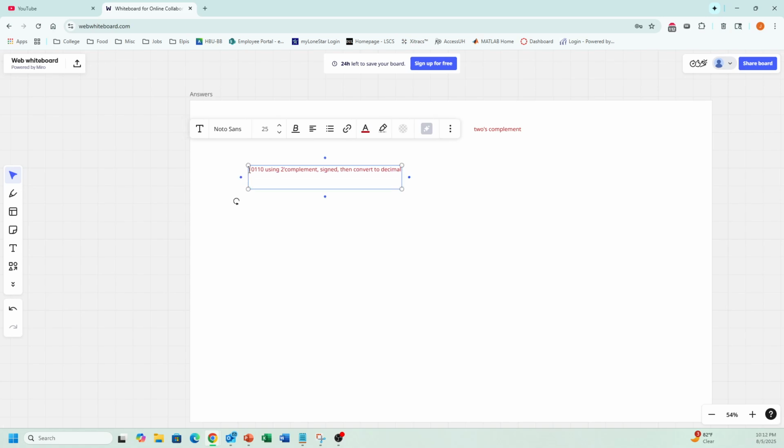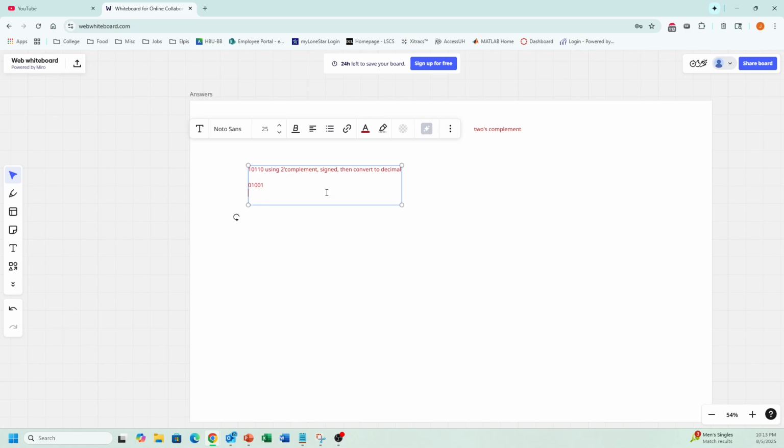So first thing, we have to check if the most significant bit is 1. If it's 1, it's negative. So first we're going to do the 1's complement: we flip all the bits. So it's going to be 0, 1, 0, 0, 1.